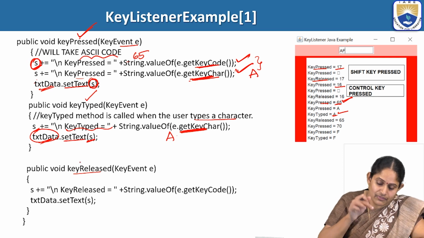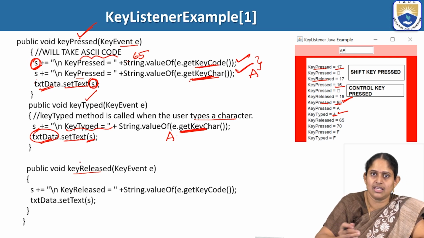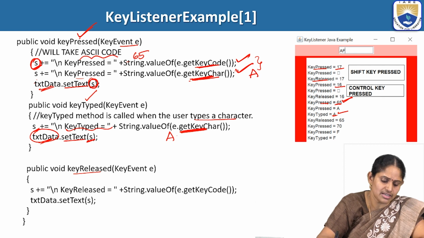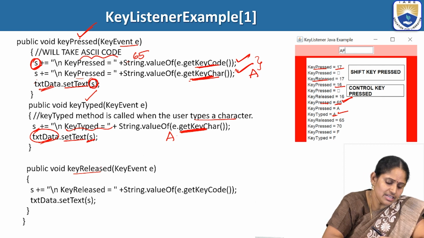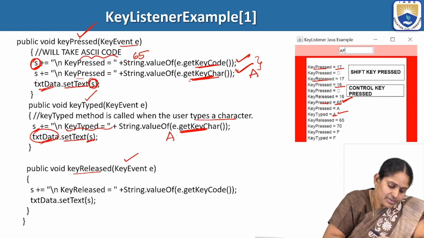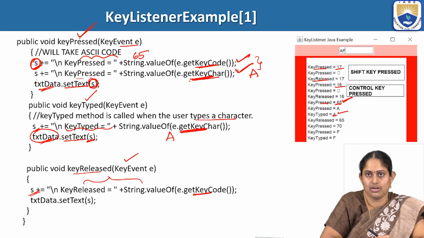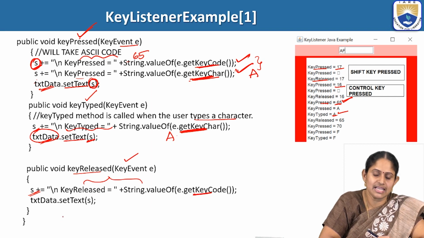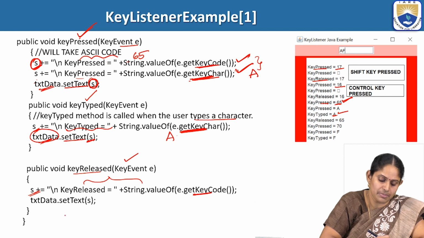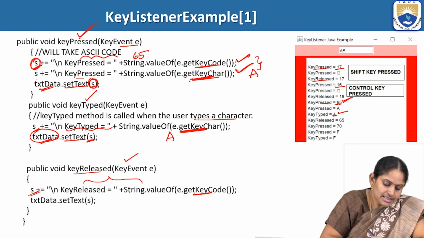Once we press the key, we will release the key also. When the key is released, again it generates an event. For that particular event, this is the operation which we have defined. We are again setting the string to key released, which takes the key ASCII code. Get key code means it is taking the ASCII code of that particular key pressed, and that value is set as the string.